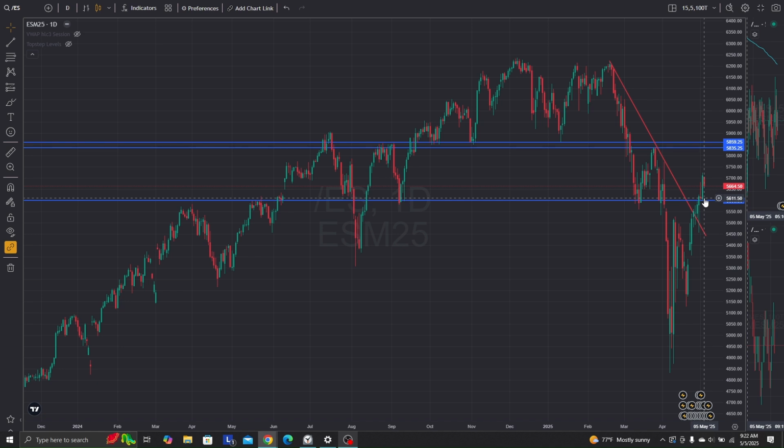So any downside, I would really be looking for a retest of this 5,600 area to confirm it as new support. And again, the most bearish scenario would be if we really just slice through it and get a big engulfing candle below it.